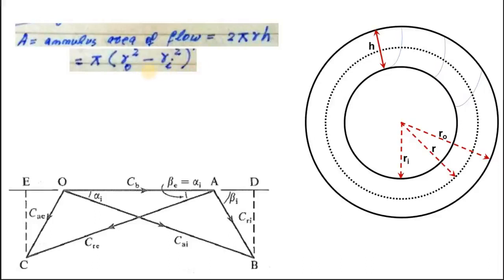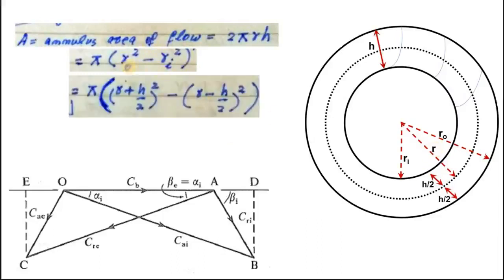Okay. Now we can further write this equation in terms of height, because this total height can be divided into two parts, h by 2 and h by 2. If this is the mean radius, so the height is actually h by 2, h by 2 with respect to this dotted circle. So now we can write the same equation in terms of h and R, mean radius, right?